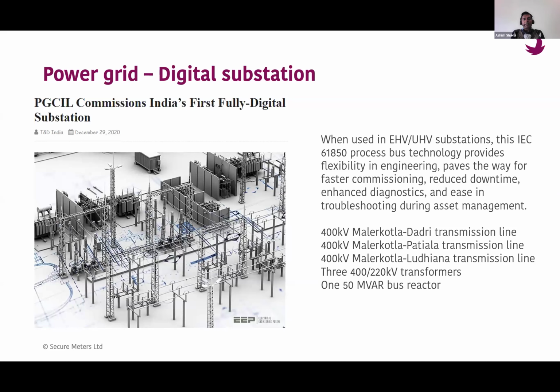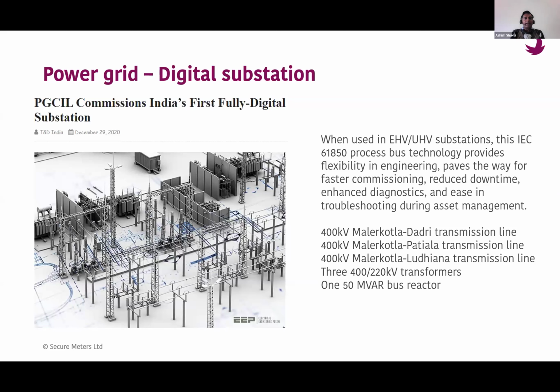In the digital substation scenario, the first advantage is that it works on the process bus, meaning IEC 61850-9-2. You would have seen in a big substation there is a huge bulky transformer, breakers, CT, VT and things like that. So in place of having copper wiring going from the switchyard to the control room, you can communicate via optical cable.